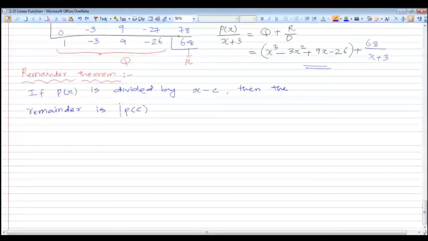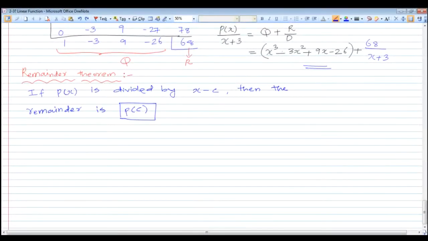So this is a very, very important thing. This is what the remainder theorem says.